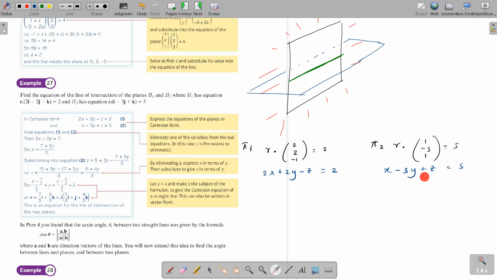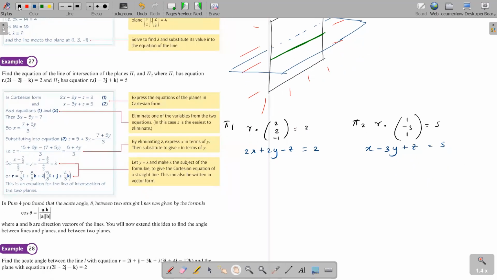And then you take these two equations and remove one variable. What is easiest to remove here? Out of x, y, z, when you combine these two equations and remove one variable, which one is the easiest to remove? x or y or z?